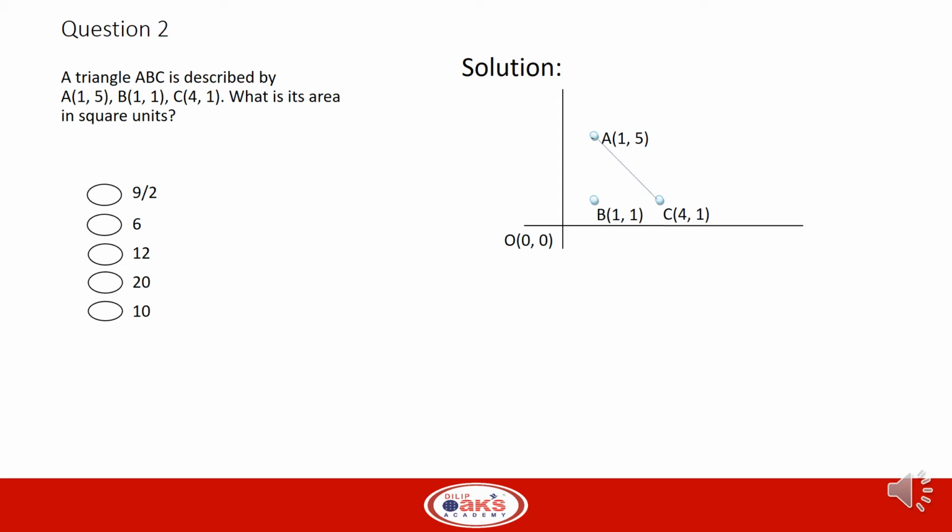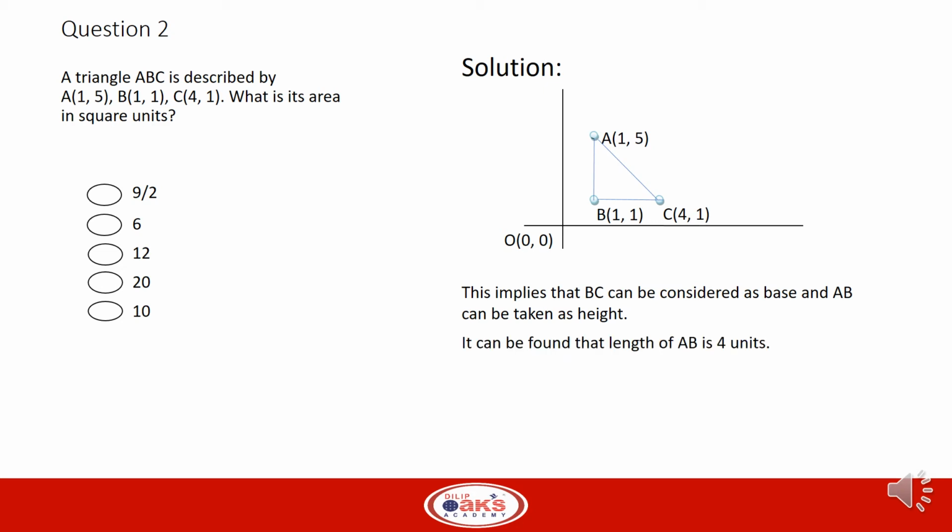Now, if you connect these vertices, you can observe that triangle ABC will be a right triangle. This implies that BC can be considered as base and AB can be taken as height.